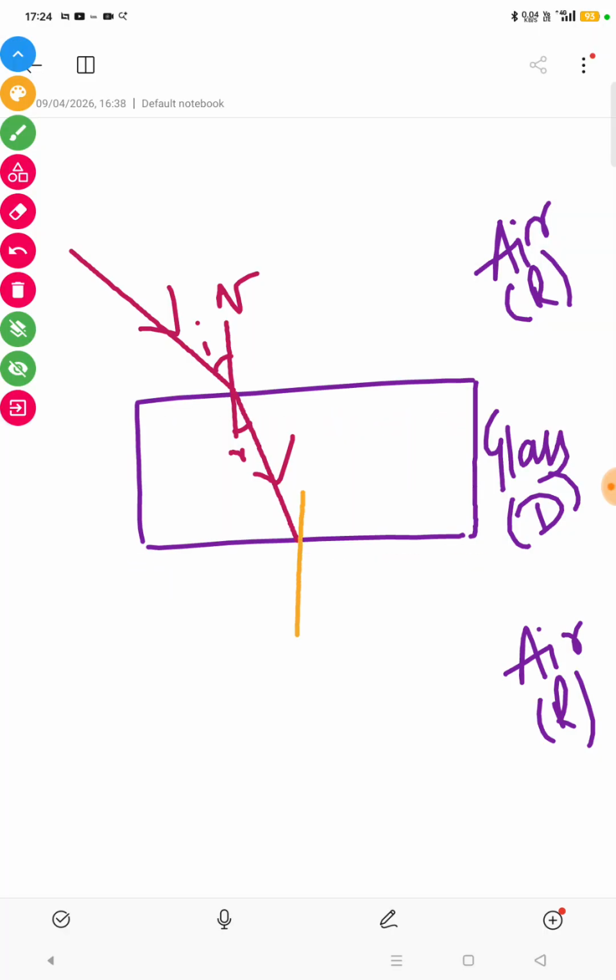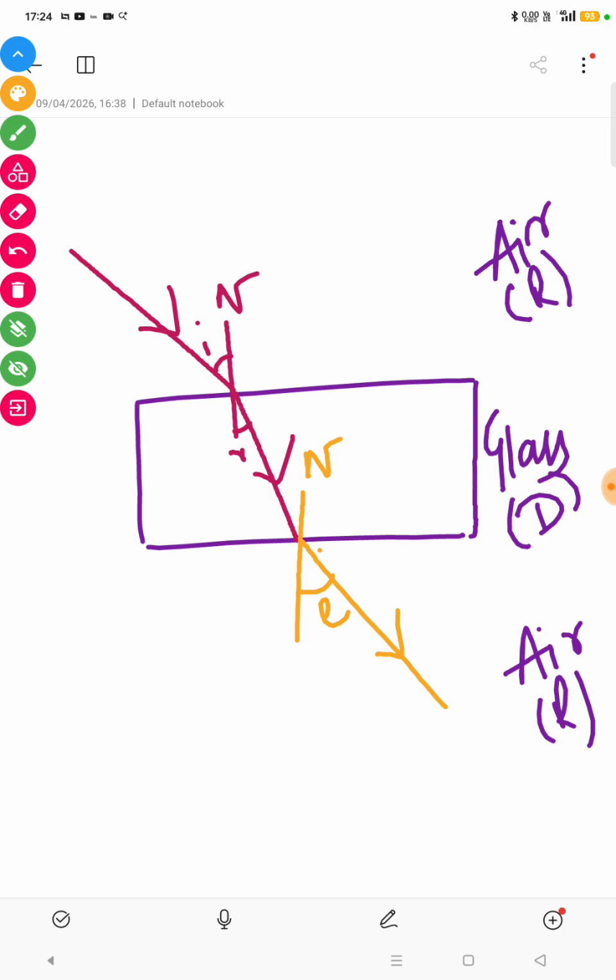Let's draw a normal over here. In this case, what happens? The ray of light coming from the denser medium going to the rarer medium will move away from the normal. This ray of light which comes out is called the emergent ray.